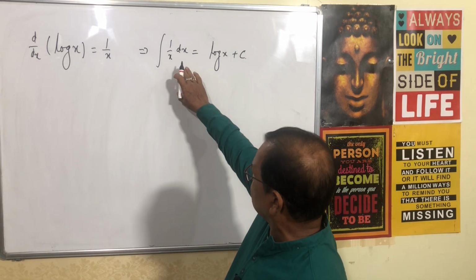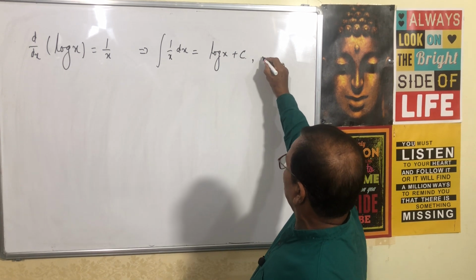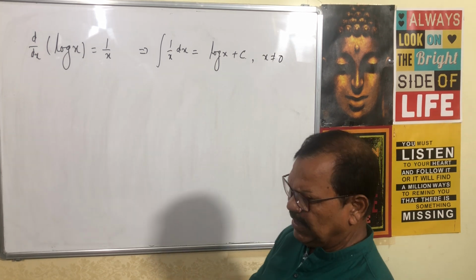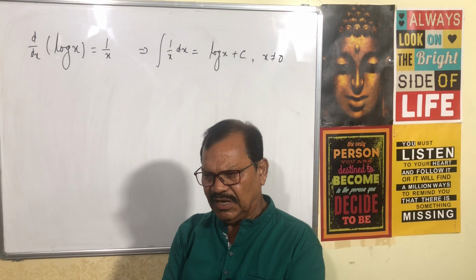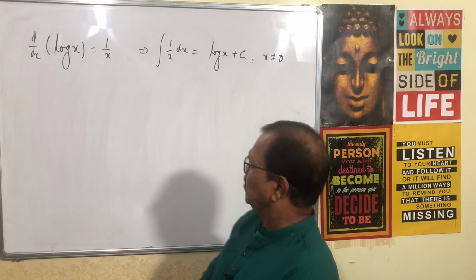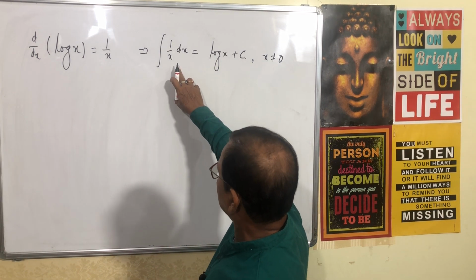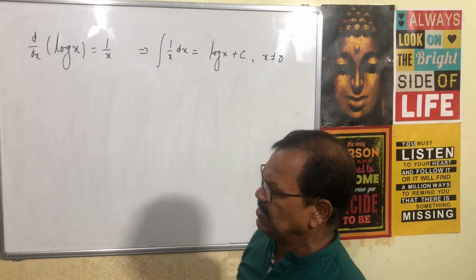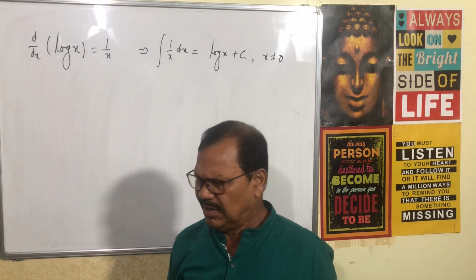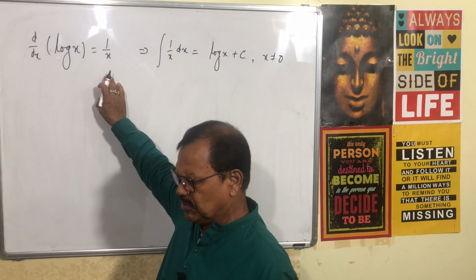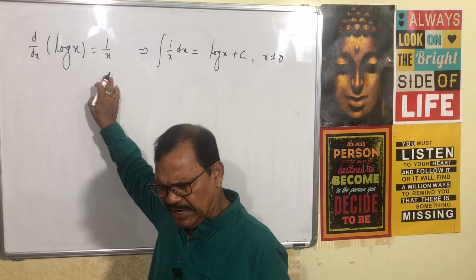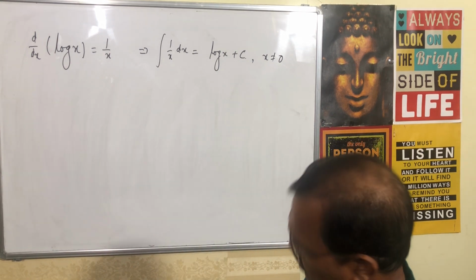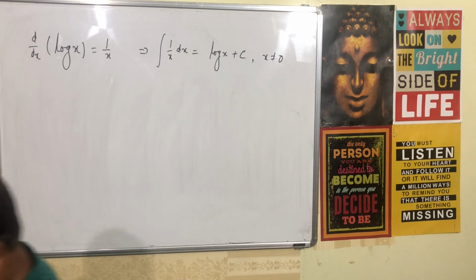This is possible when x is not equal to 0, because 1 by 0 is infinity, and infinity dx is not possible. Infinity is a concept, but for this condition it is applicable when x is not equal to 0. This type of condition is very important, because the applicability of 1 by x must be explained. So this is the differentiation of log x, and that is 1 by x.